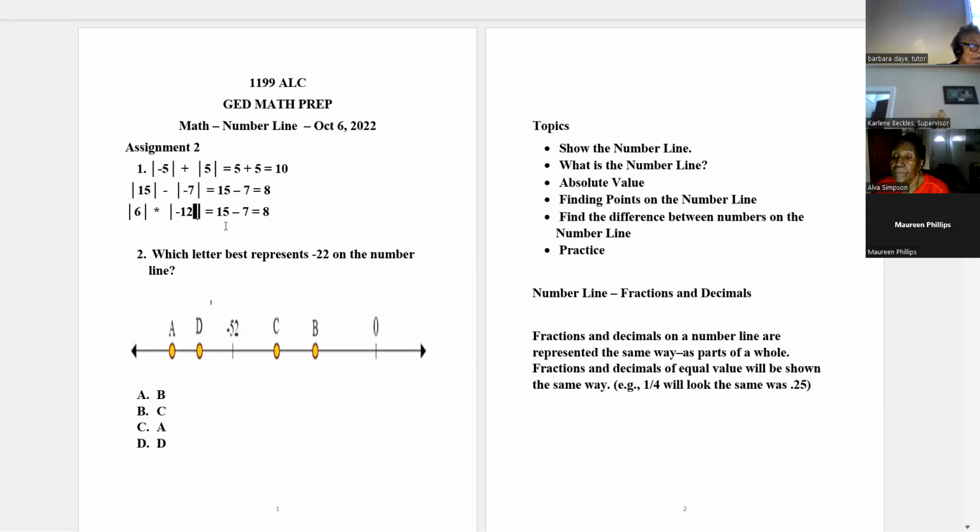What's that equal to, Alba? 6 times a negative 12... What's the answer? Equals 72. All right, you got it.